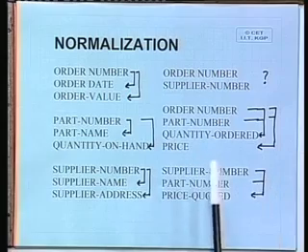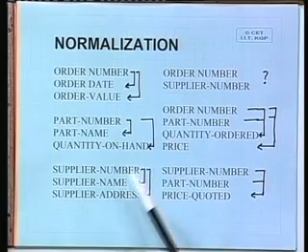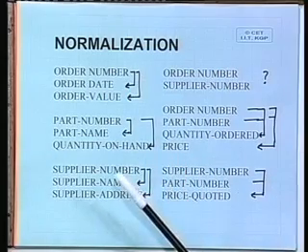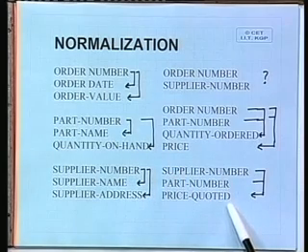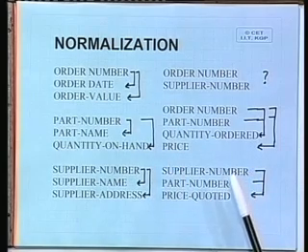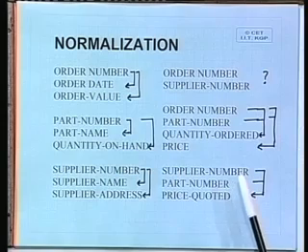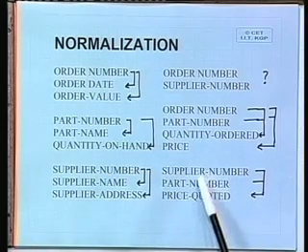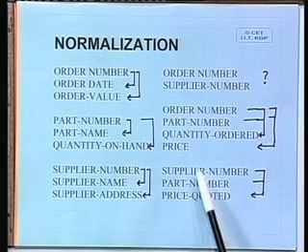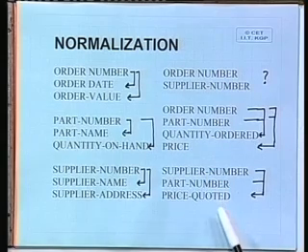Okay, some people are saying yes. So, where do you find transitive dependency? Supplier number, part number and price quoted. Why? You see this, there are only 3 fields. Now, out of these, supplier number and part number together are the primary key, which definitely uniquely identifies price quoted, alright.